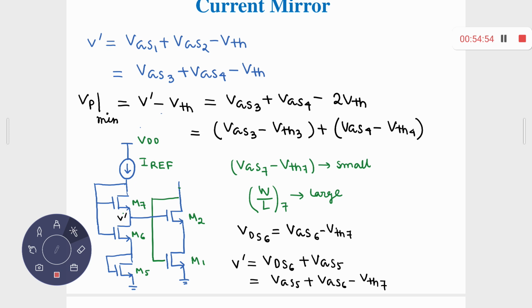What is the minimum value for this VP, the minimum potential at point P? Gate voltage minus one threshold. That means V dash minus VTH, because this gate voltage is V dash.